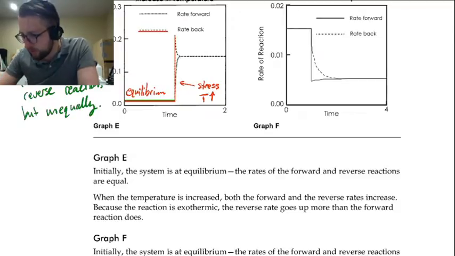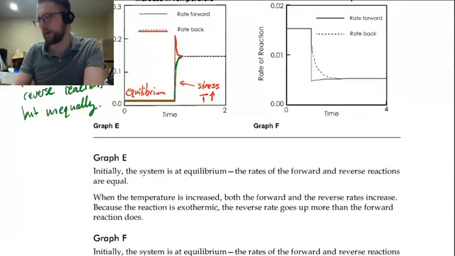It has an initial change, sort of initially follows the same path, but then that change is slower, and the two start to collide again until we're back at equilibrium again.